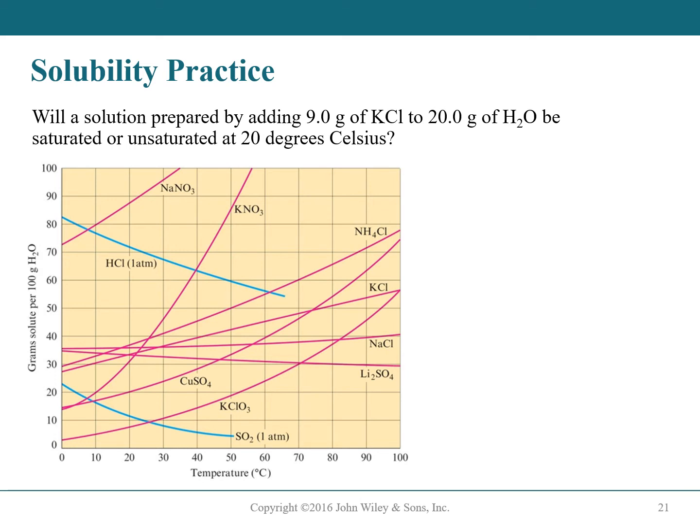So if I have a solution, and I add 9 grams of potassium chloride to 20 grams of water at 20 degrees, will it be saturated or unsaturated? This is per 100 grams of water. So if I say 9 grams of potassium chloride and 20 grams of water, we want to find out what the solubility is per 100 grams of water.